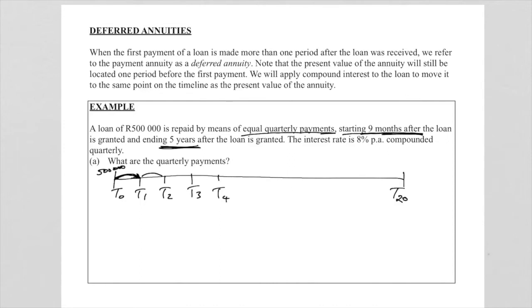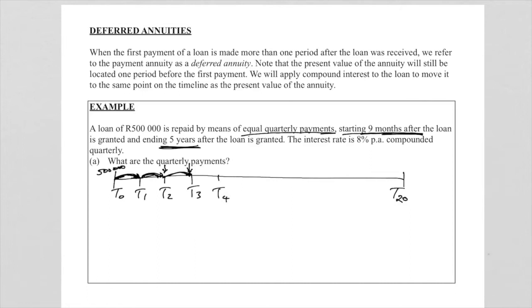Now, you hopefully will agree that that is 3 months, that is 3 months, and that is also 3 months. So it is 3 months plus 3 plus 3. So this is 9 months. So that is where the first payment will be right at T3. And we always want our present value 1 period before the first payment. So we would like our present value to be at T2.